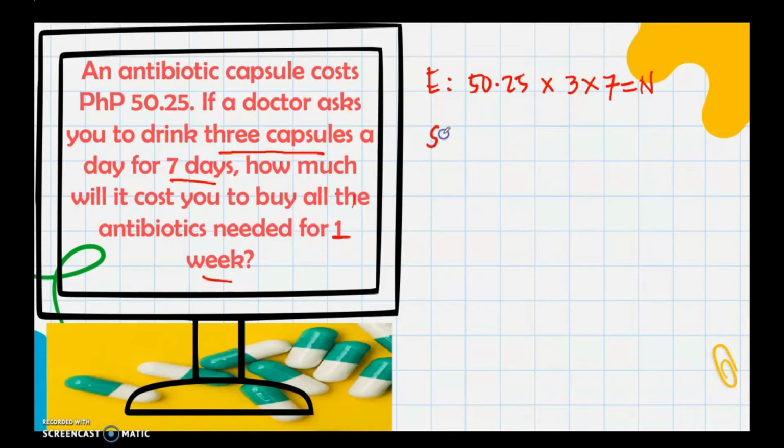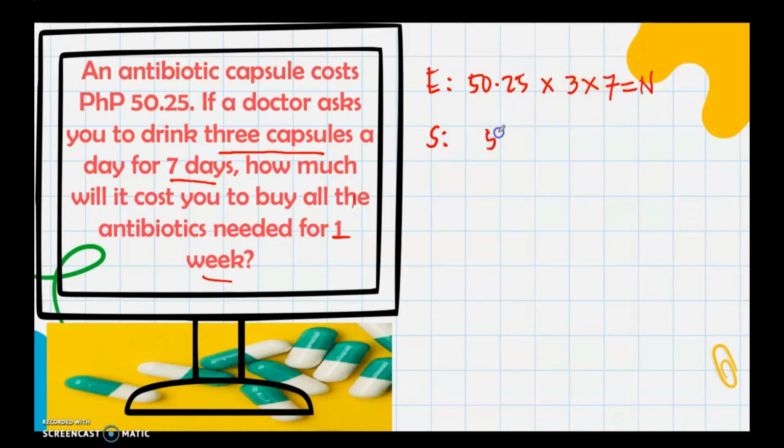Okay, so we can solve now. Miss, can I multiply 3 times 7 first and then 50.25, or can I multiply this first, and so on? Can I interchange? Yes, it's the commutative property of multiplication. So let's multiply 3 times 7 first, it's 21.